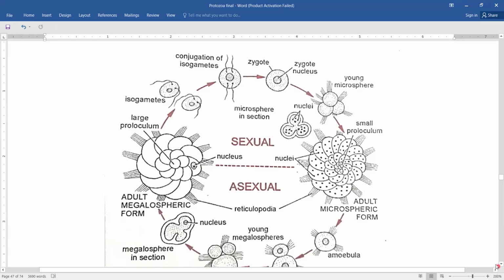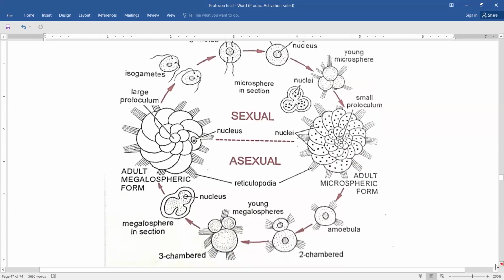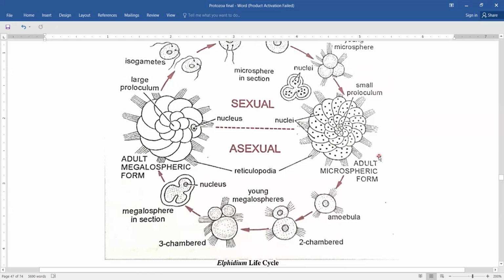This asexual form, after attaining maturity or adulthood, starts dividing mitotically.